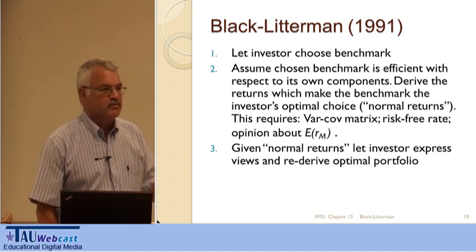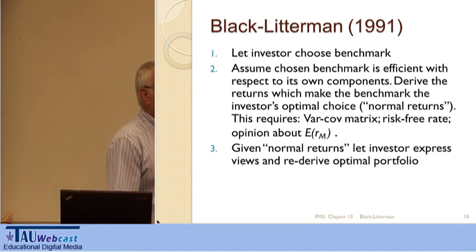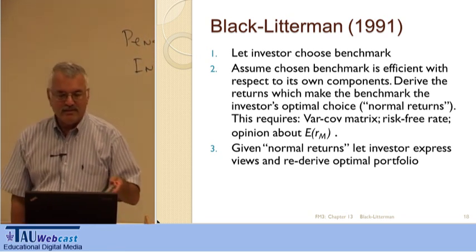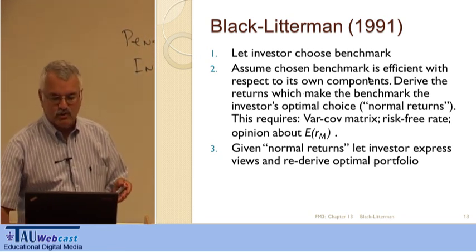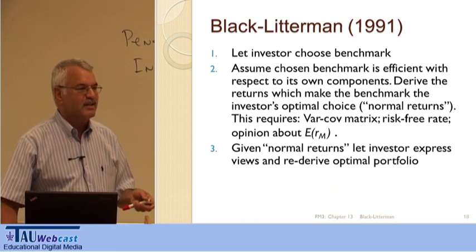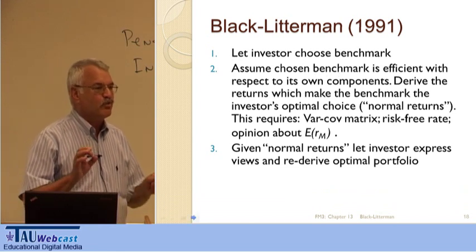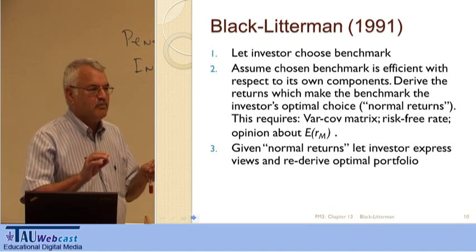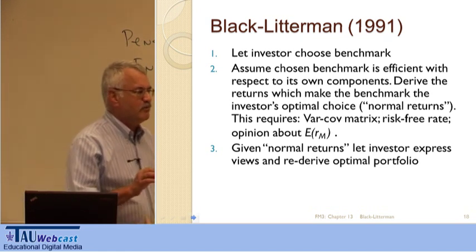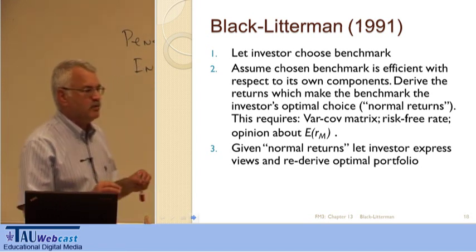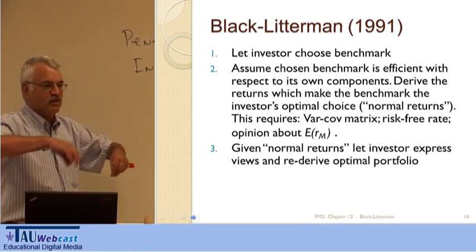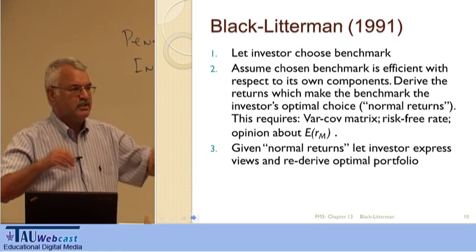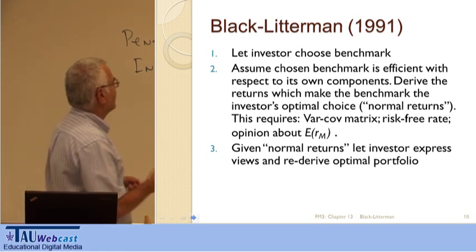Okay? So Black-Litterman say, let the investor choose a benchmark. And then you assume that the benchmark is efficient with respect to its own components. Remember my first stylized fact? It said that most benchmarks are inefficient with respect to their own components. So somebody says the S&P 500, and you say, you know what?